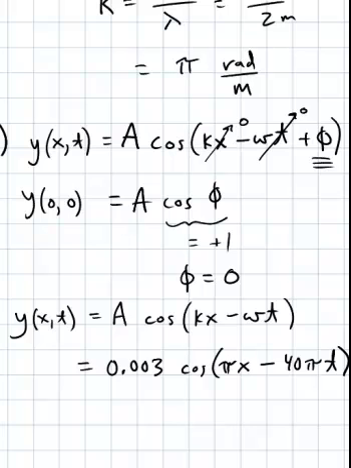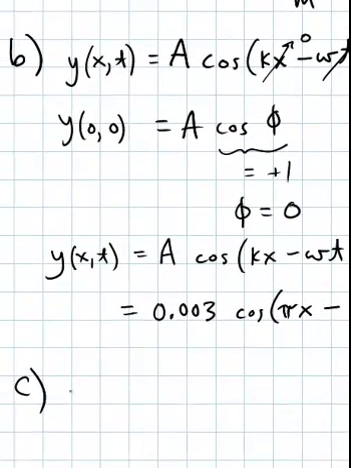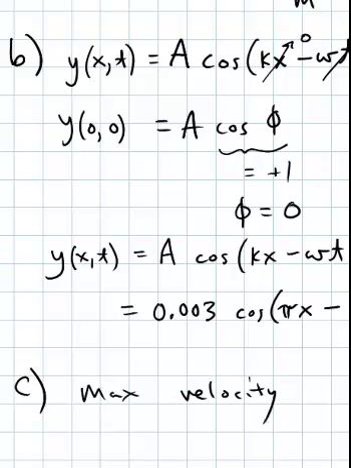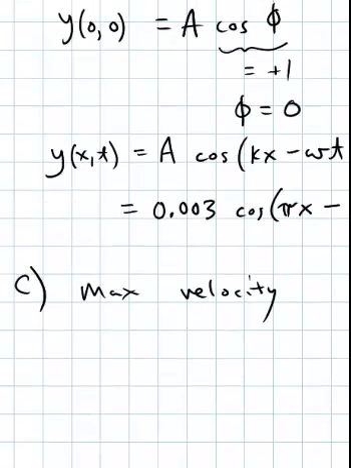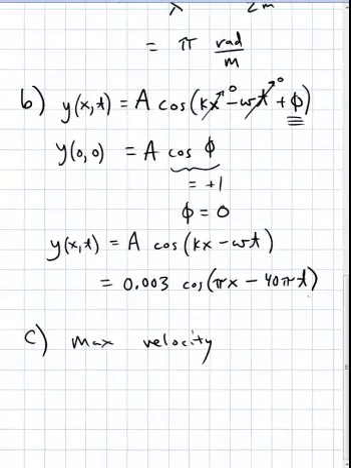In the last part of this problem, we're looking for the maximum transverse velocity of any particle. Transverse velocity. So we are given the y position of any particle as a function of time and x position in part B. Right?